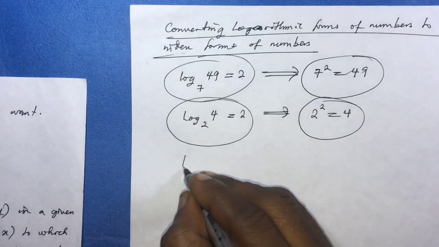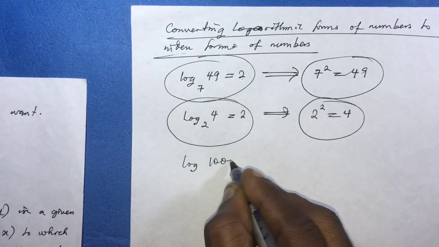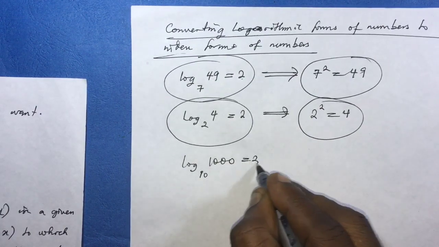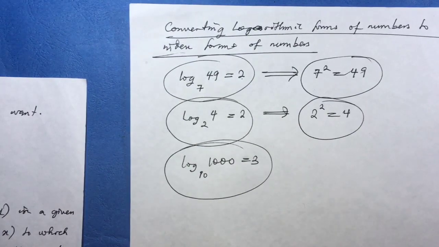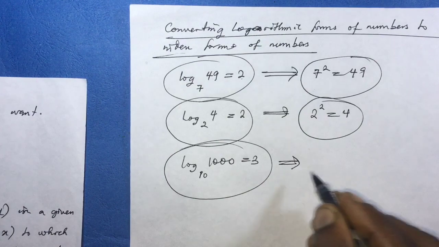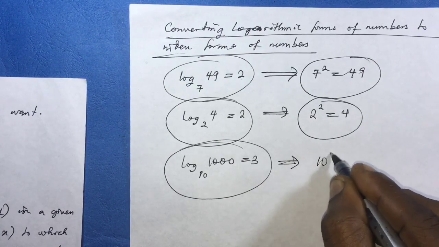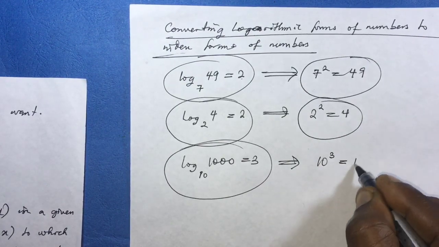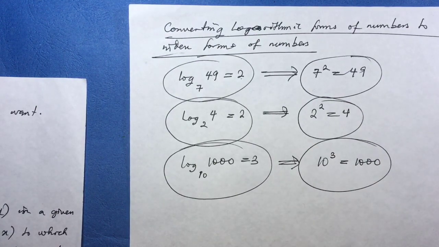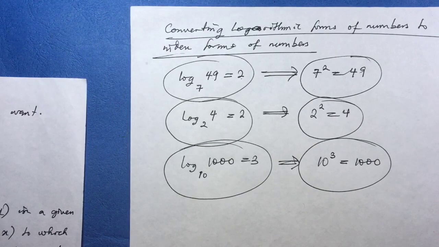Now, the logarithm of 1000 in base 10 is equal to 3. This is the logarithmic form of 1000 in base 10, and it is equal to 3. This is because 10 raised to power 3 is equal to 1000. So this is the corresponding index form to this logarithmic form.